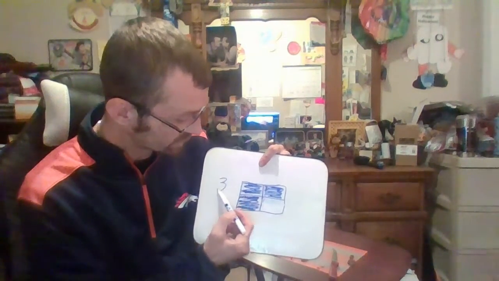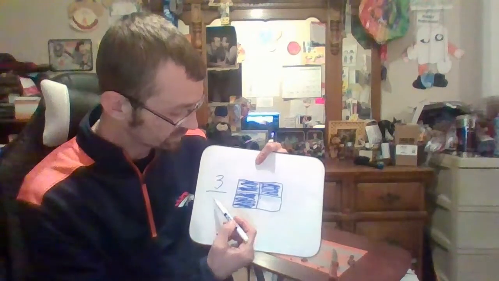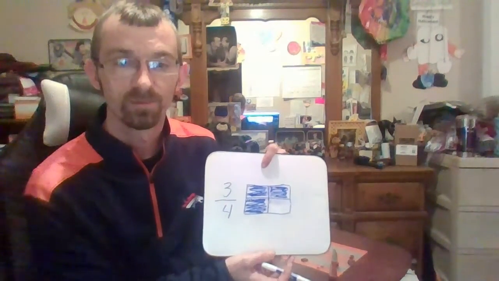I want you guys to write this on your whiteboard and then show me. You guys are doing very good. So, that is 3 parts that are shaded of the whole, which is 4 parts. You guys are doing very good with this.